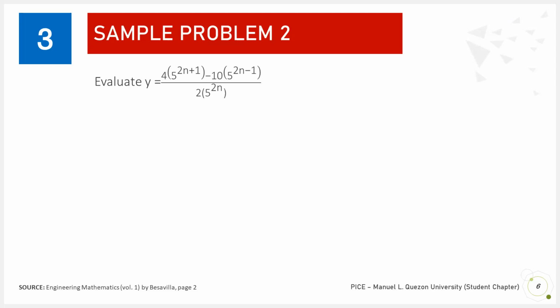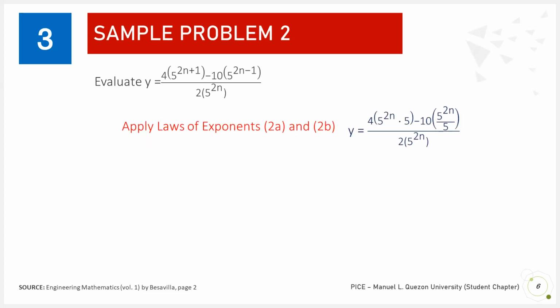Tapos doon naman sa isa is division of two terms with the same base but different exponents. So we apply the law of exponents 2a and 2b. So that is the law for product of two terms and quotient of two terms.